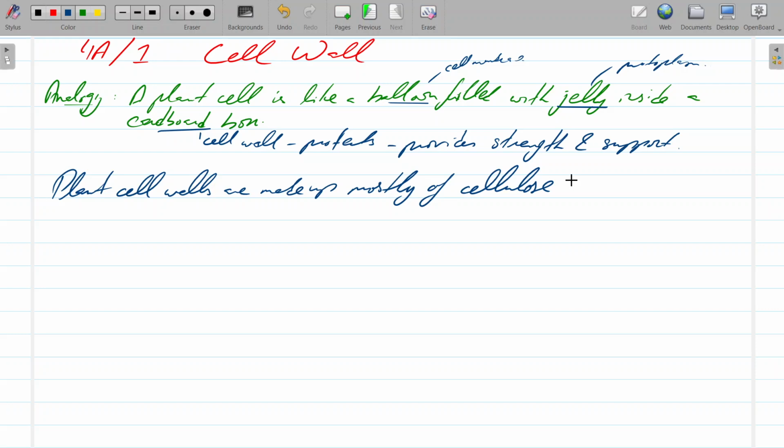Okay, so the plant cell walls are made up mostly of cellulose.